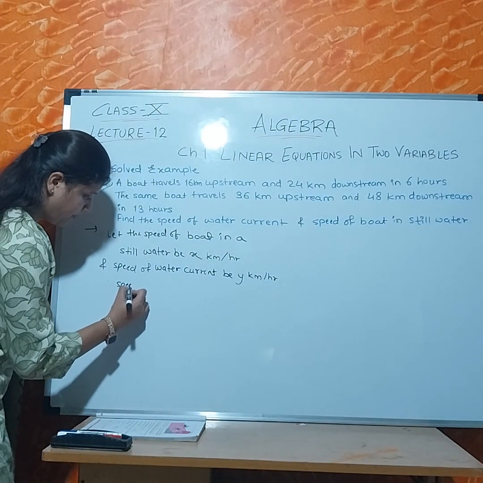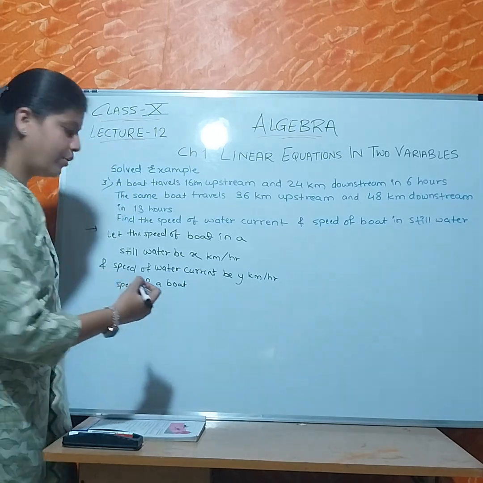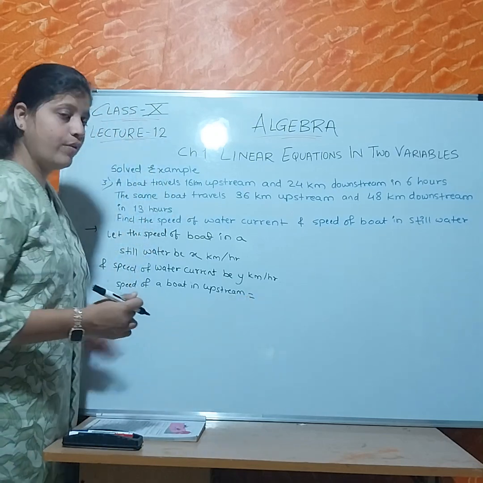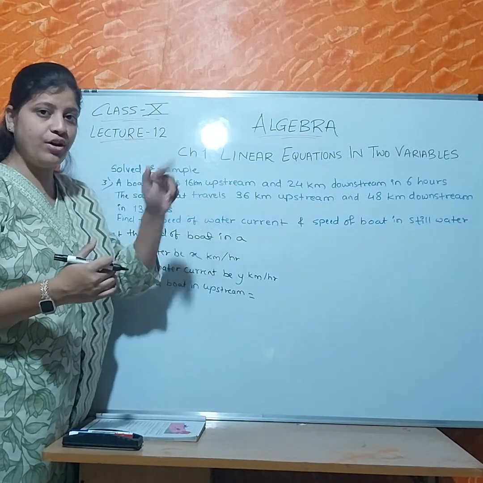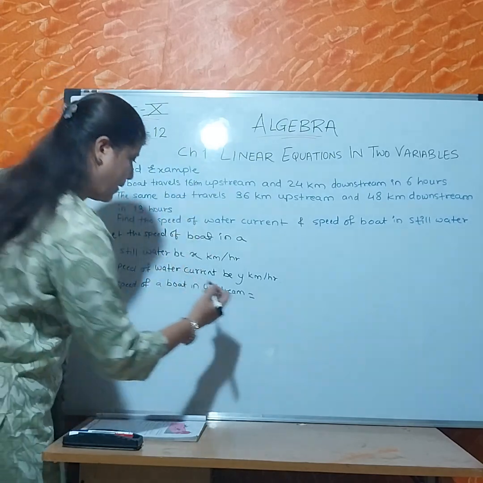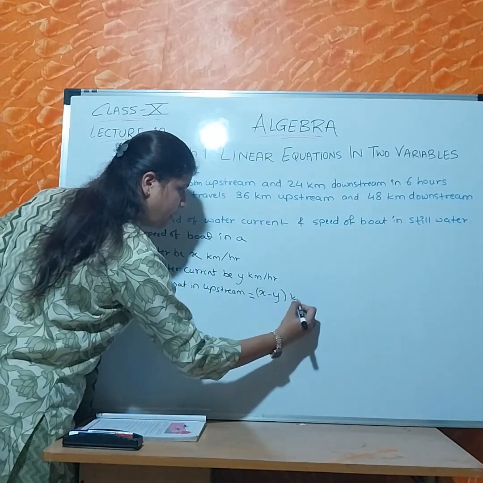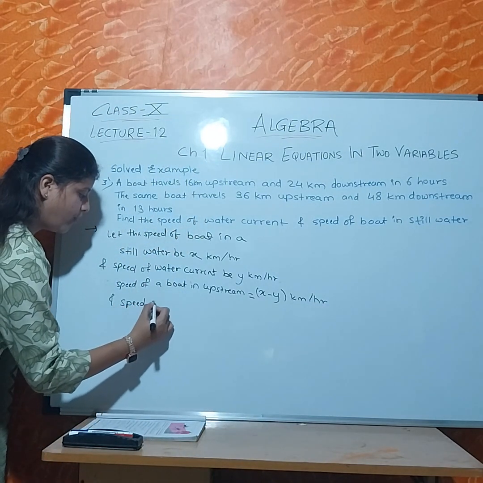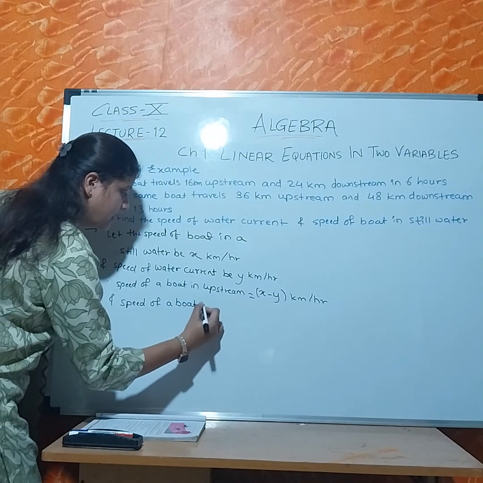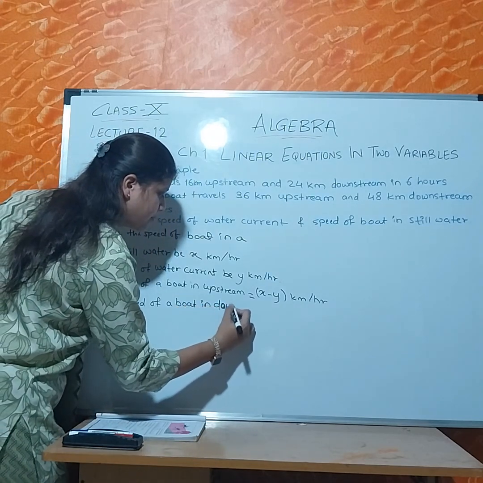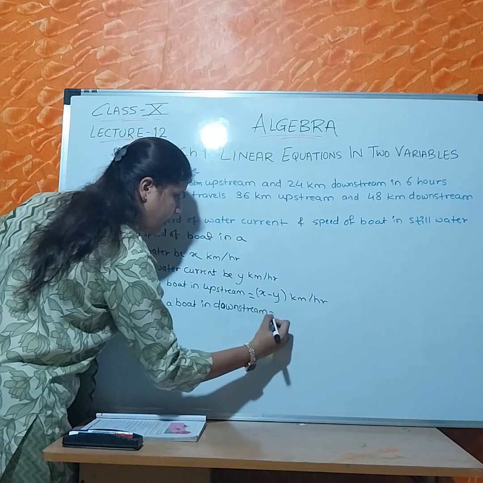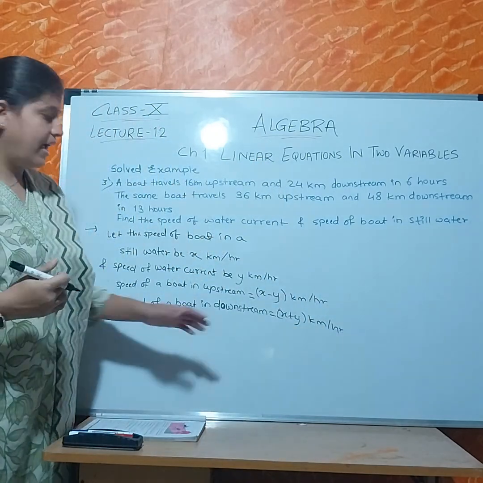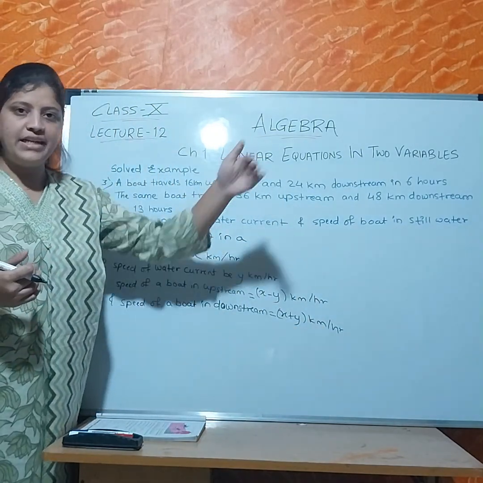So speed of a boat in upstream is, when the boat goes upstream, it will cancel out the speed of water current, right? x minus y kilometer per hour, and speed of a boat in downstream is x plus y kilometer per hour, as both speed of boat and speed of water current are in the same direction.